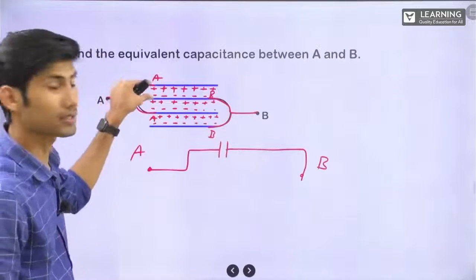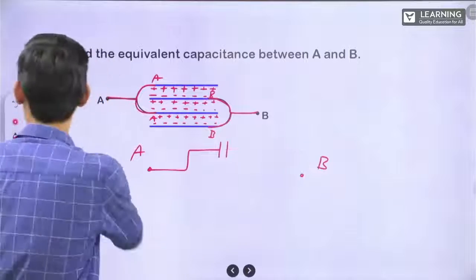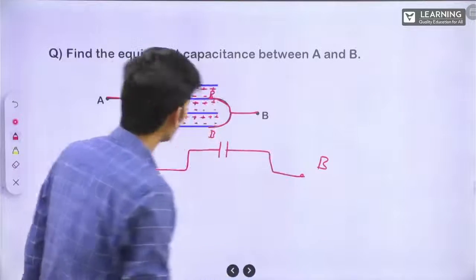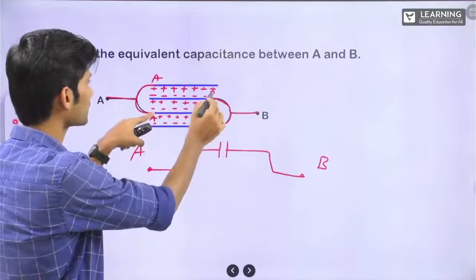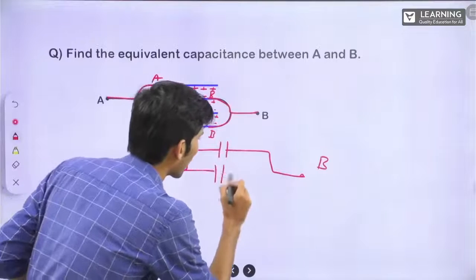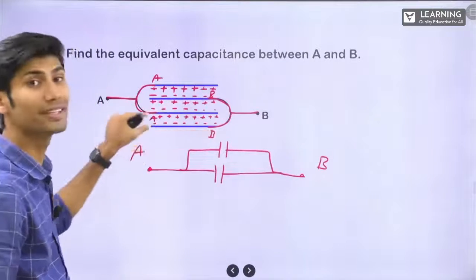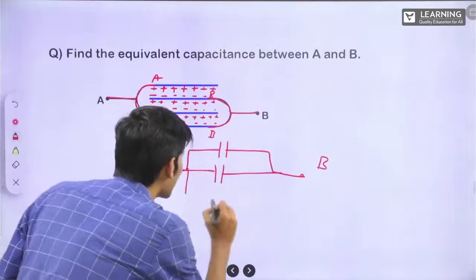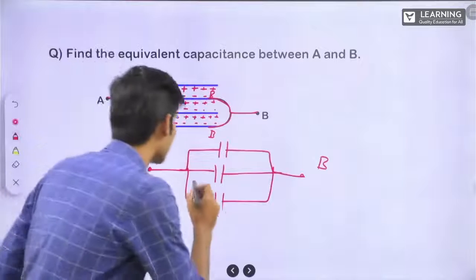This capacitor is there between A and B. Again, this capacitor is there between A and B. See, this is at A, this is at B, so this capacitor is also between A and B. If you see this capacitor, again this plate is at A, this plate is at B. This capacitor is also between A and B. So what is this? It's a parallel combination of 3 capacitors.